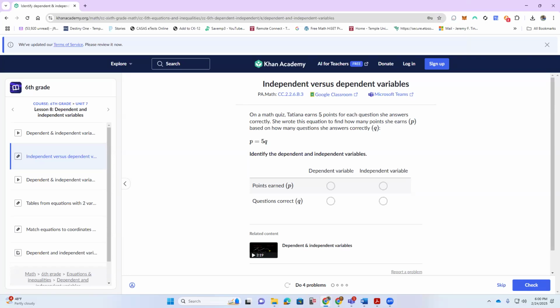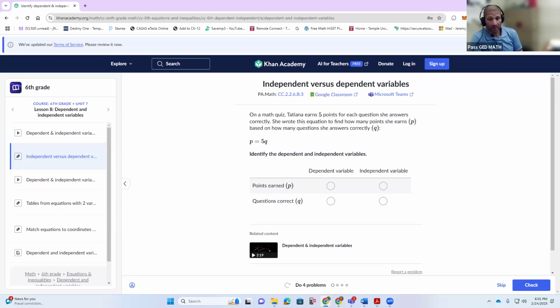I didn't realize it. The P is the independent. Why is P independent? The independent depends on the dependent.